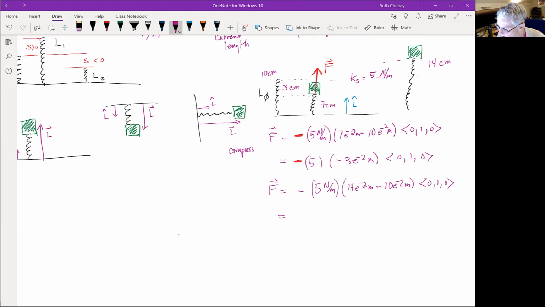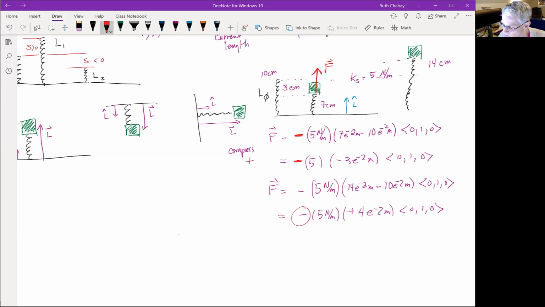And that gives us a minus 5 newtons per meter times a plus 4 times 10 to the minus 2 meters, 0, 1, 0. So this says that the force will be in the minus y direction because of this minus sign here.